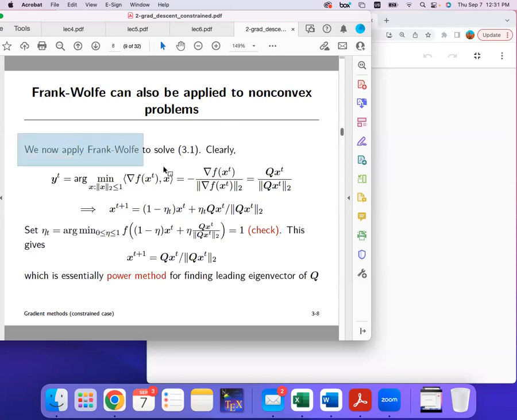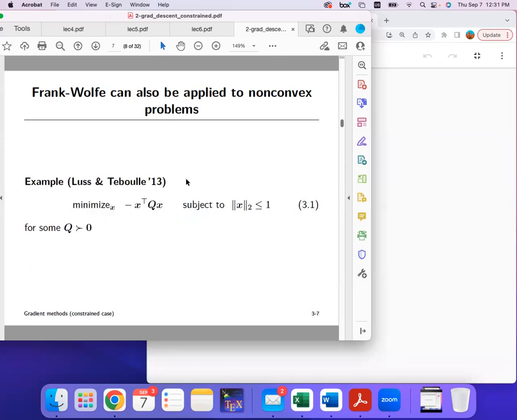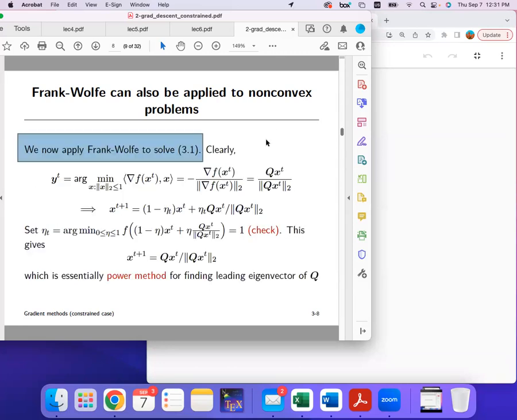Now let's apply the Frank-Wolfe algorithm to solve this problem. Again, the key is to solve the second step, this linear programming problem. So let's write it down here. It is to minimize this linear objective function over the constraint set, which is the unit Euclidean ball. If you look at this, the solution is actually simple and analytical.